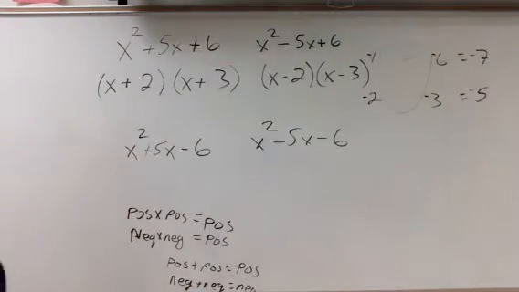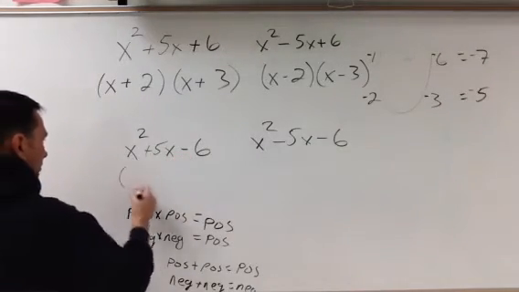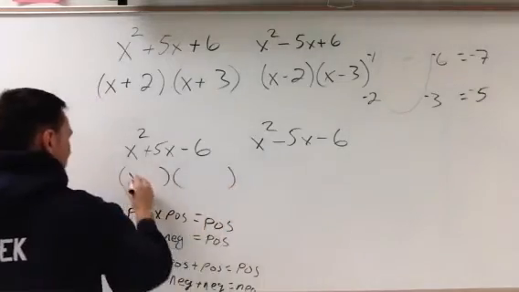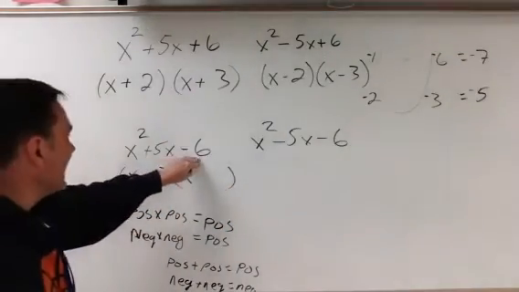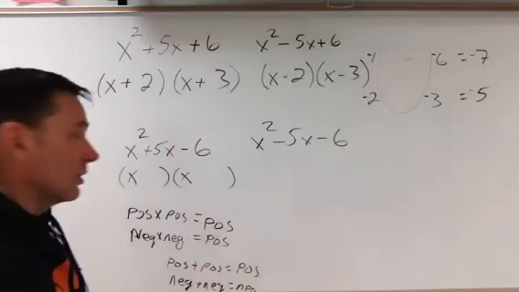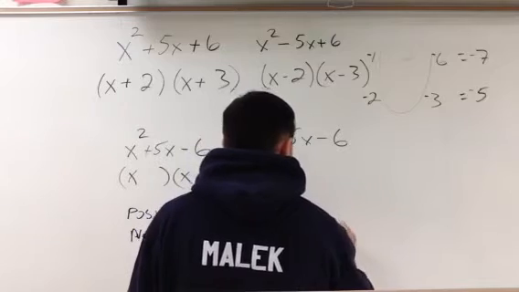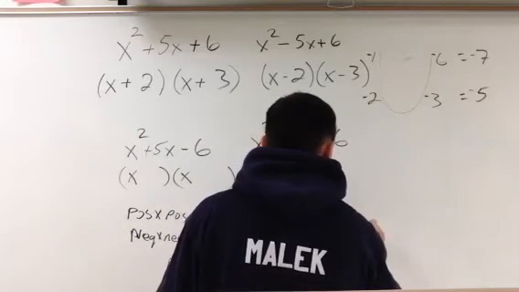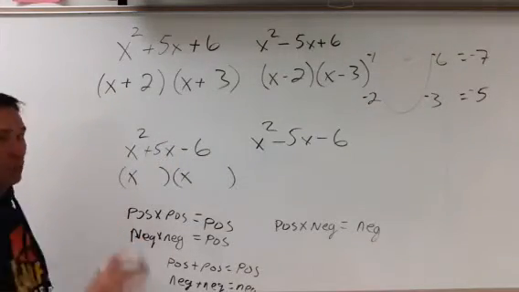The next one. Now this is a little bit different. But what is the same is we still start with x and x. But I need a negative number here. In order to get a negative number, we need 1 positive times 1 negative. That will give us a negative number. That's the only way.